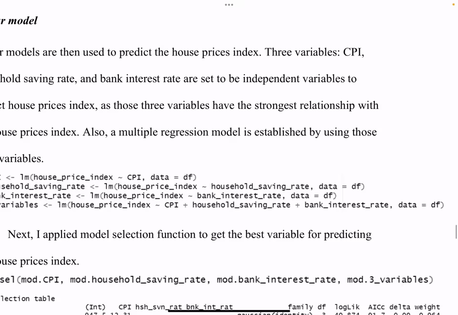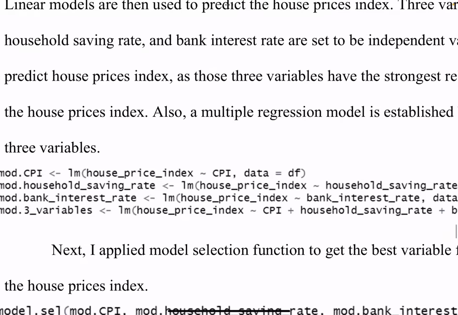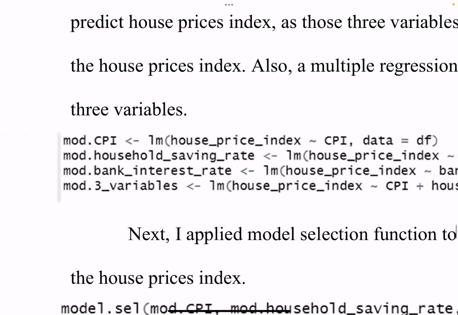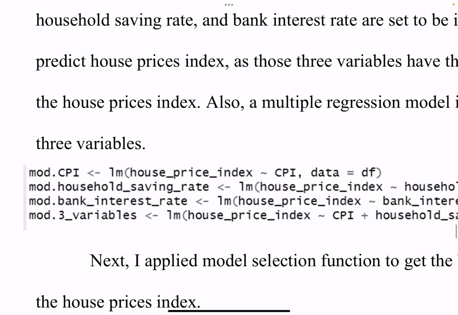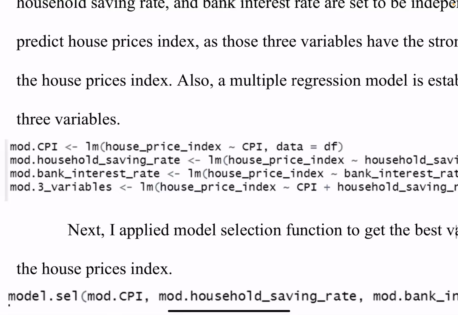Then I use R to create linear models. So here the first three lines of code are about simple linear regression. I use CPI, household saving rate, and bank interest rate to predict house price index.